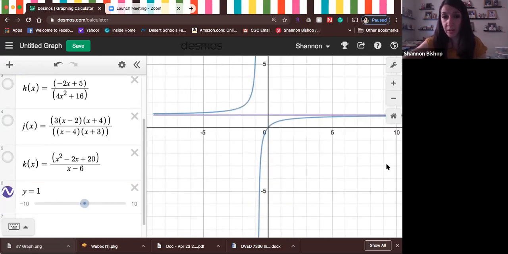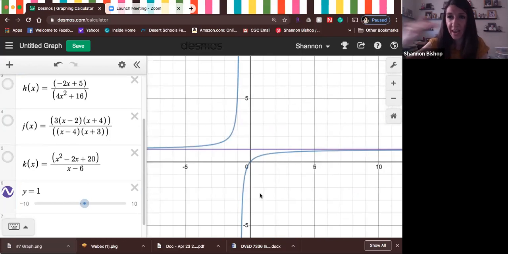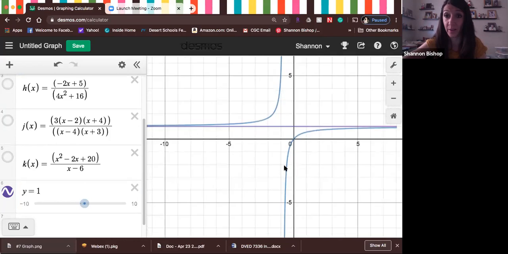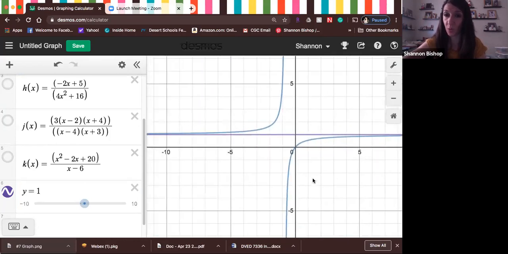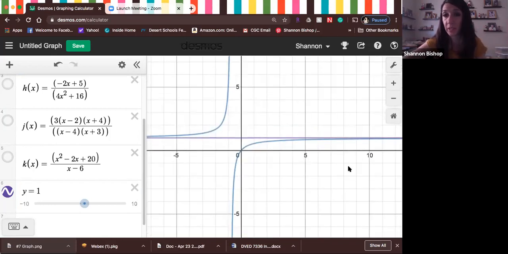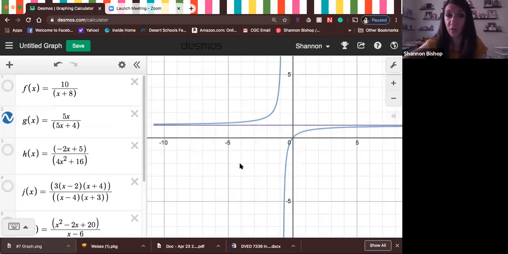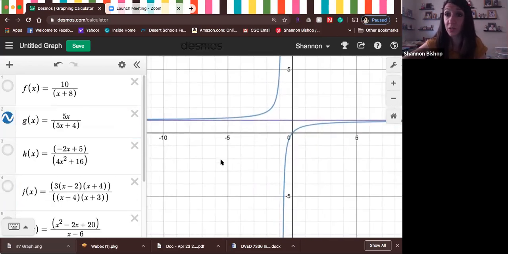Check that out. Look at how perfectly the blue curve is just skating right along that purple line at 1. Yep, the horizontal asymptote, the approaching value is absolutely at 1. Because of that degree, that 5x over 5x, 5 over 5, it just reduces to 1.